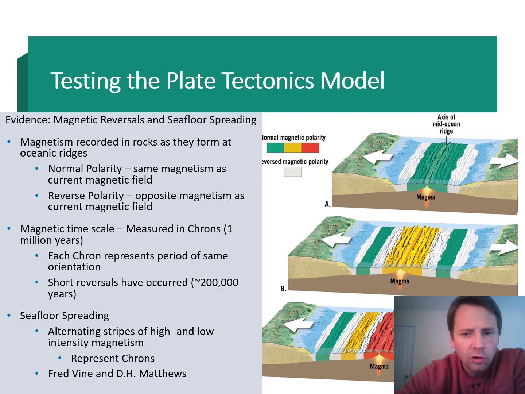Also, there can be shorter intermediary periods within a chron, short periods of reversals of the magnetic field. Within these, they can last essentially 200,000 years. Again, yes, that's short, geologically speaking, at least.